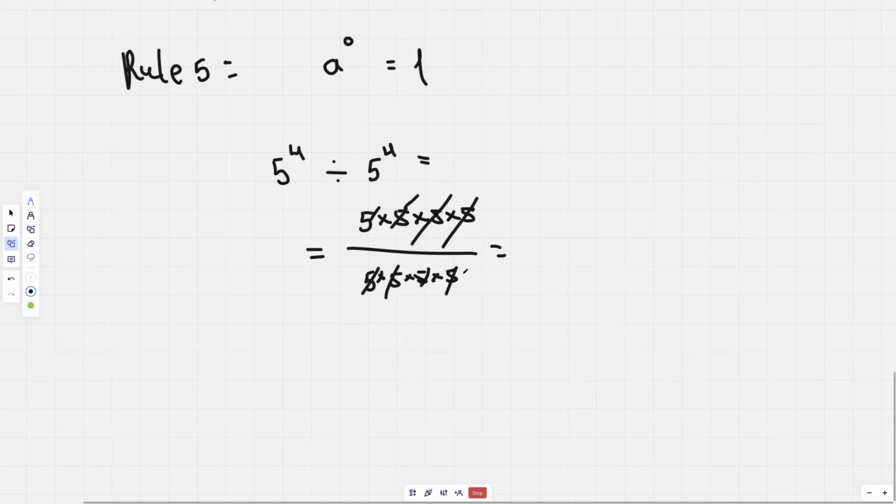And the final answer of this fraction will be 1 over 1, which is equal to just 1 itself. So in any case, the base doesn't matter. If the base is either 100 or 1,000 or trillion or something like this, if the power of the base is equal to 0, then it will be equal to 1 only. So this is a rule.